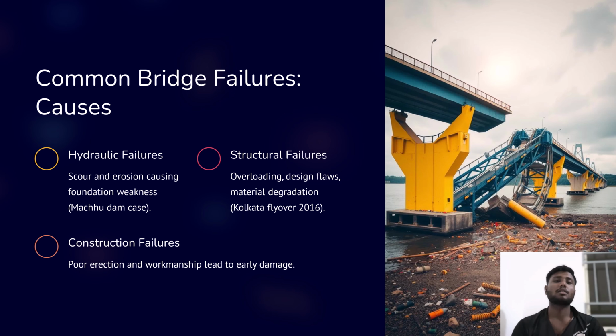Structural failure: overloading, design flaws, and material degradation. If we design the bridge for 100 kilonewton and apply a 1500 kilonewton load on it, it will directly collapse. The best example is the Kolkata flyover in 2016.